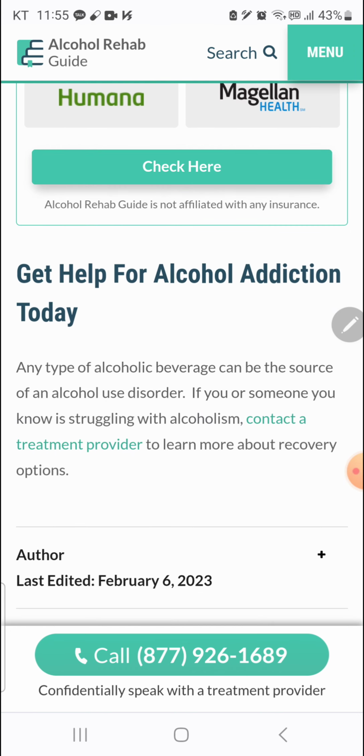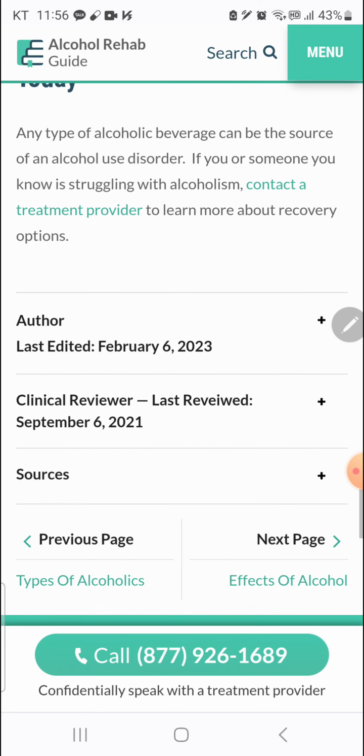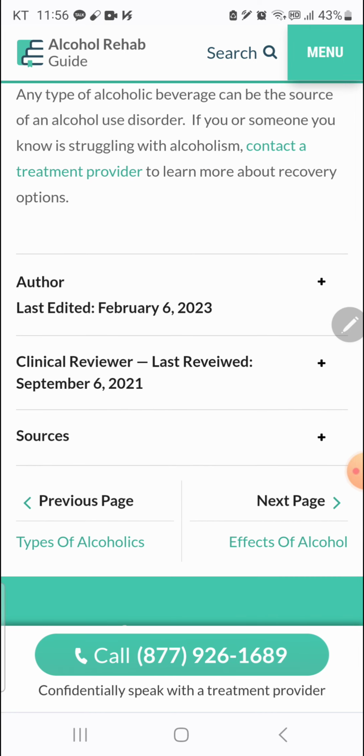Get help for alcohol addiction today. Any type of alcoholic beverage can be the source of an alcohol use disorder. If you or someone you know is struggling with alcoholism, contact a treatment provider to learn more about recovery options. Alcoholism. Author last edited February 6th, 2023.